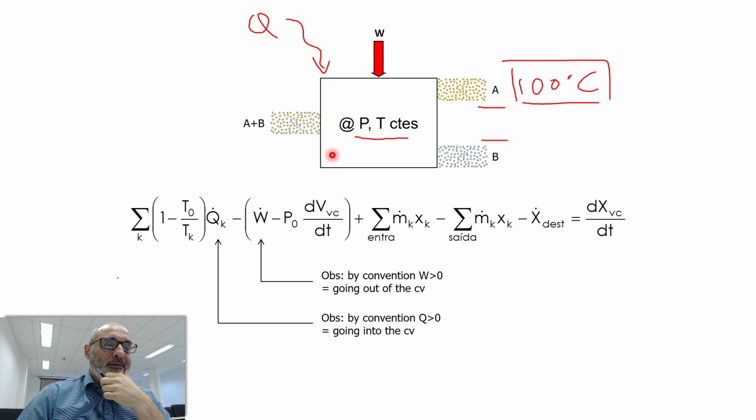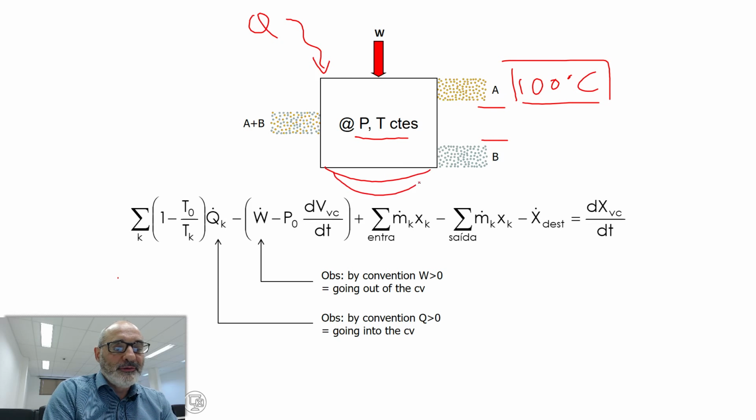And if I have deformation of the control volume surface, something like this, this deformation is compressing the atmosphere, okay? So it's exporting, there's a force times displacement against atmospheric pressure.